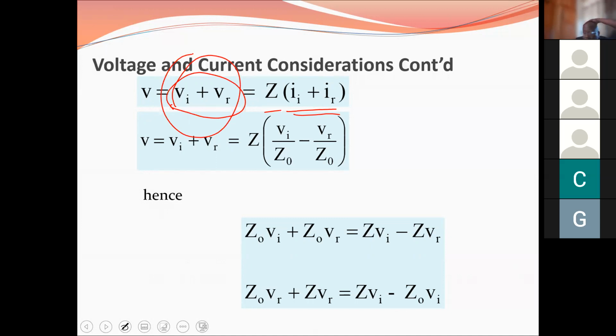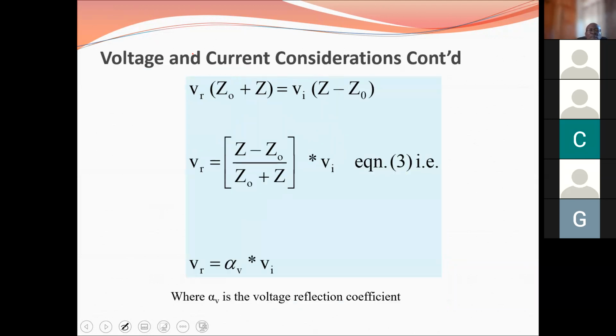All right, we have this. So we can factorize and rearrange. So the reflected voltage is equal to Z minus Z0 over Z plus Z0 times V incident.